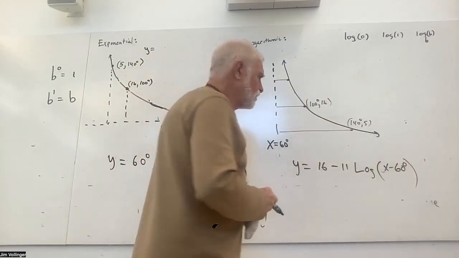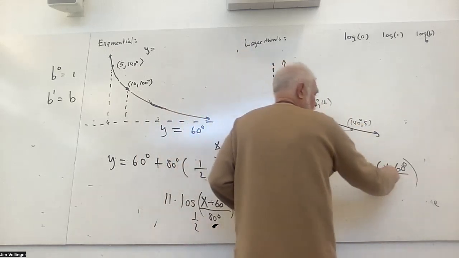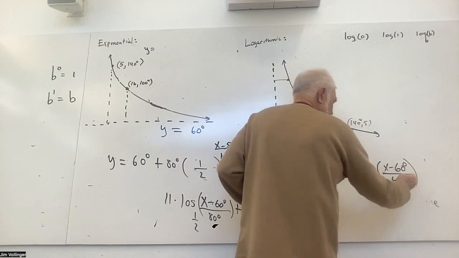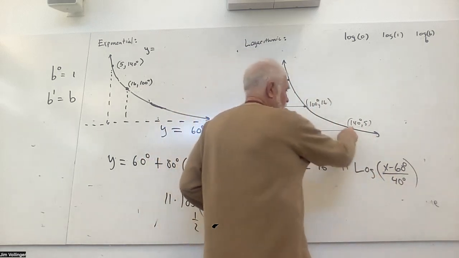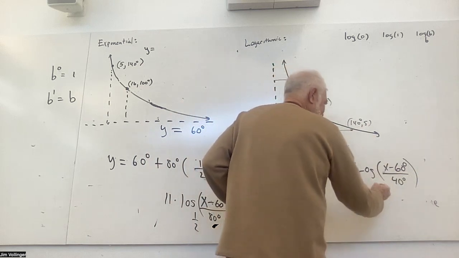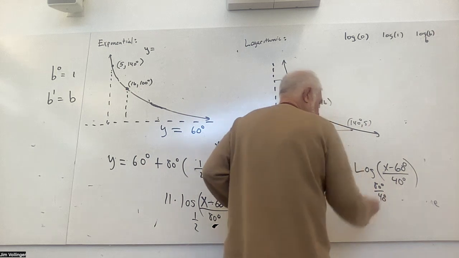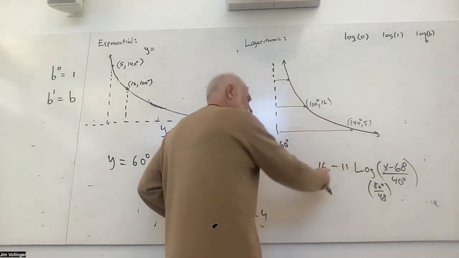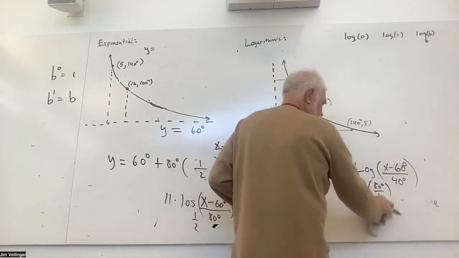Okay, so I drop in 100. 100 minus 60 is 40. I'll put the degree symbol there. And then the next one I drop in is 140. 140 minus 60 is 80 over 40. 80 degrees over 40 degrees. Right, and that's a double. But remember, there's a subtraction here. So 80 degrees divided by 40 degrees is 2.